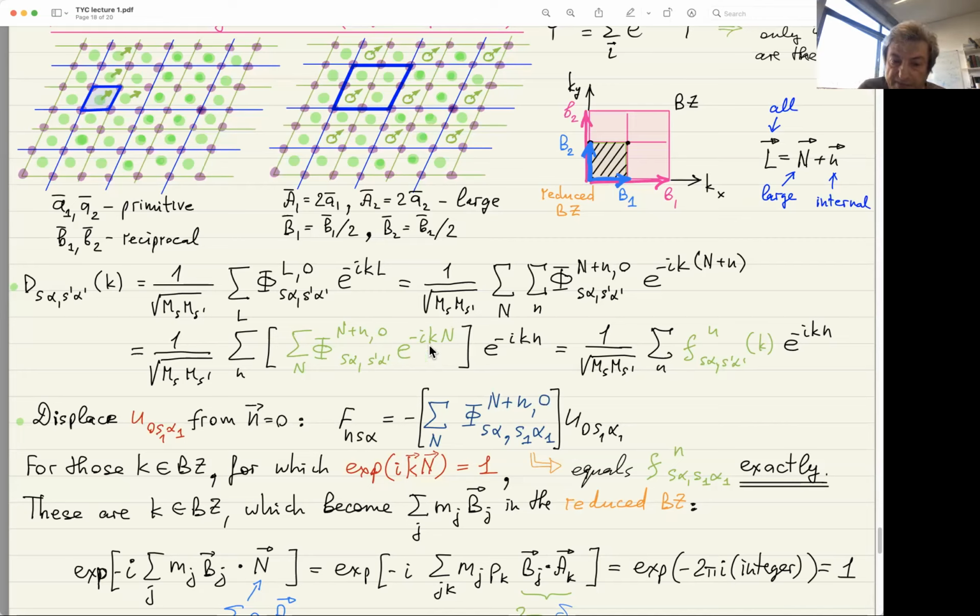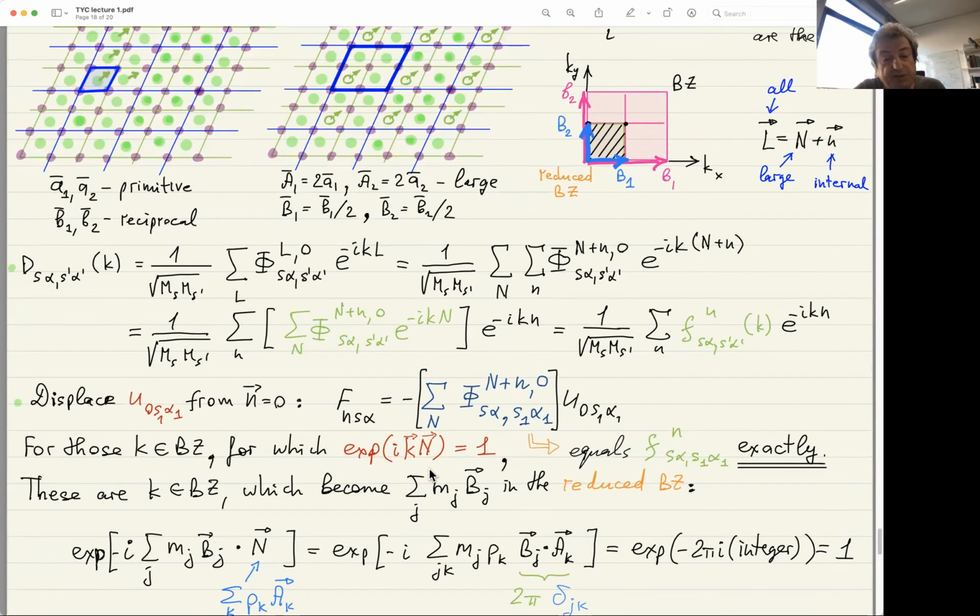So if you take k vectors such that this exponential term for every capital N, for every big translation, would be equal to 1, then we can determine in one go the whole expression in the square bracket, and that would coincide with this f for these vectors k, not for all k vectors, but only for those specific k vectors. So the question is, what are these k vectors, whether they exist or not in the first place, which would give that exponent equal to 1 for all possible big translations?